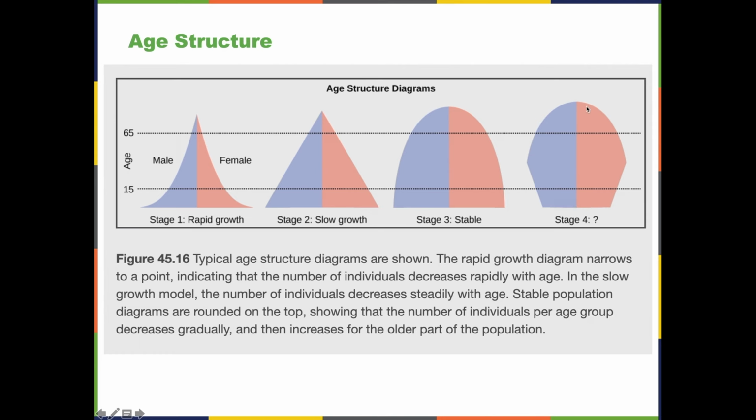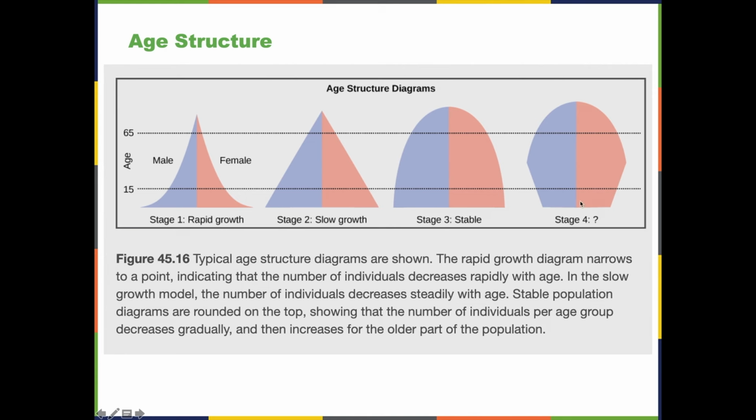The last one is kind of an age structure that is reminiscent of what's happening, let's say, in Japan and some Mediterranean countries, where there's a large aging population and there's not enough of the younger generation.